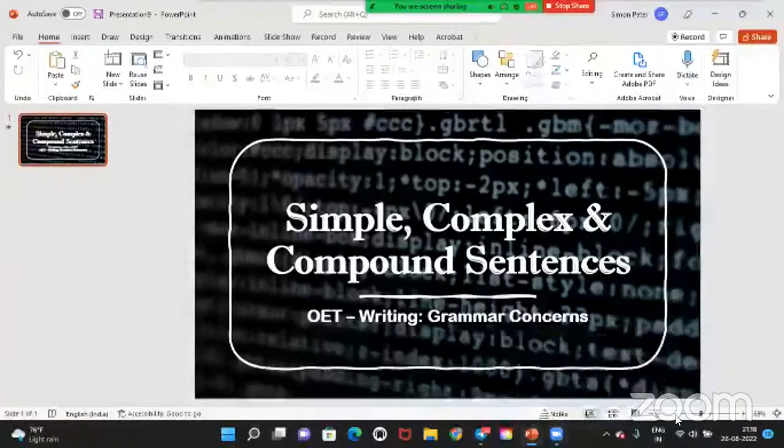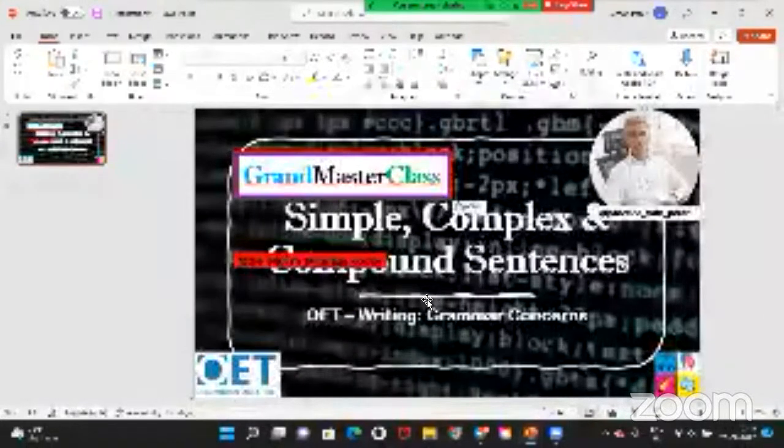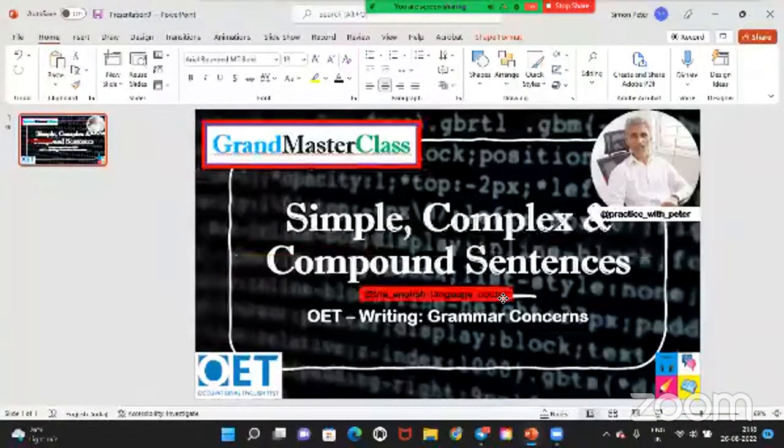Simple, complex, and compound sentences. So what are your problem areas? What sort of difficulties are you facing? Write all your problems.